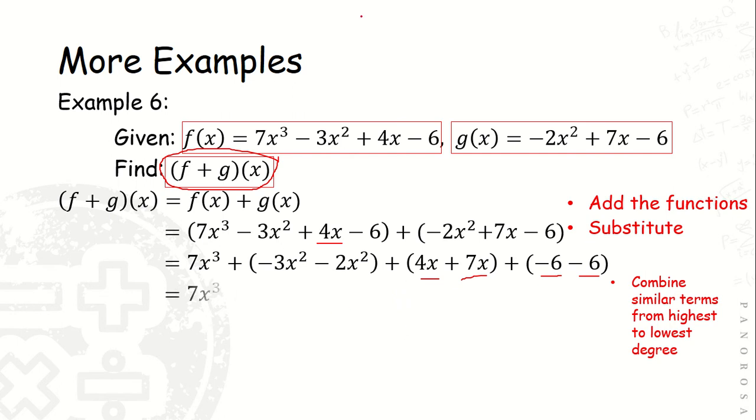Copy 7x cubed plus negative 3 minus 2, that is negative 5x squared, plus 4 plus 7, we have 11x, plus negative 6 minus 6, and that is negative 12.